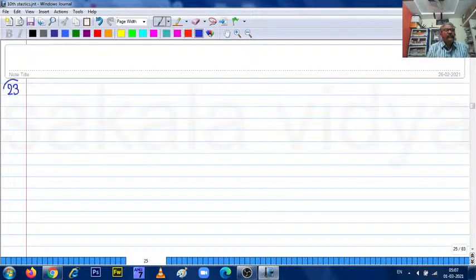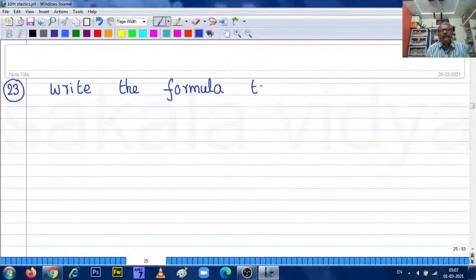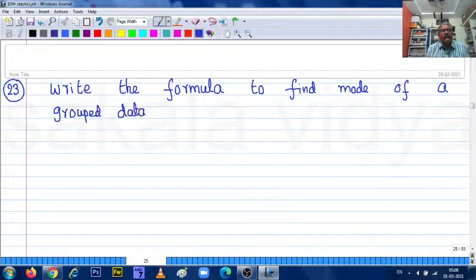The 23rd question: write the formula to find the mode of a grouped data and explain each term in it.